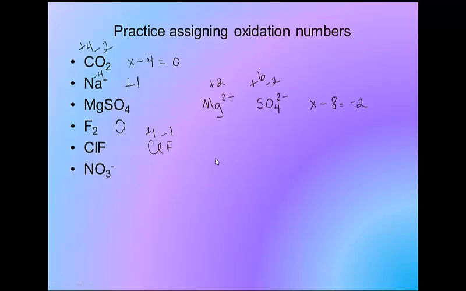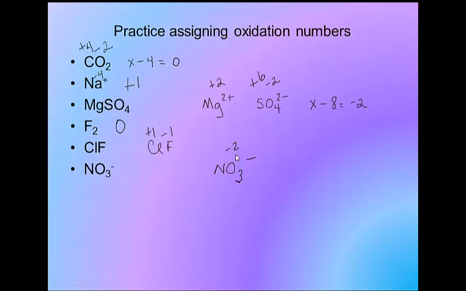Here's a polyatomic, so I'm going to tackle that one over here. This is the nitrate polyatomic. I have to assign oxidation states to the nitrogen and the oxygen so that when they add up, they will be -1. Oxygen is a -2 unless it's a peroxide or attached to fluorine, which it is not, so -2.